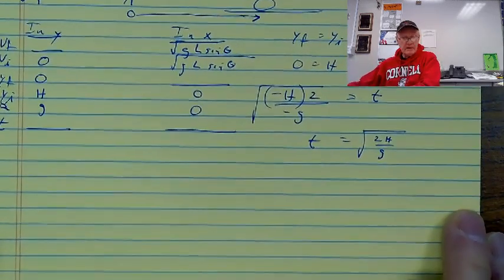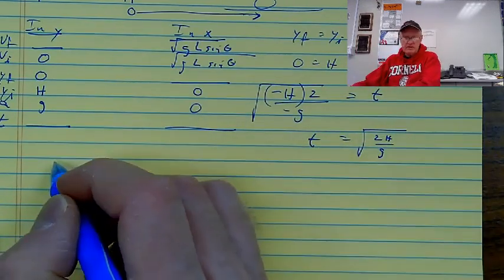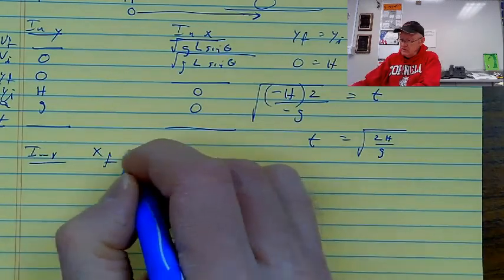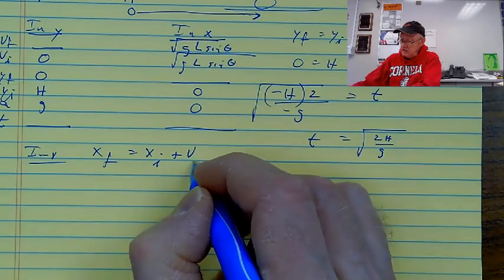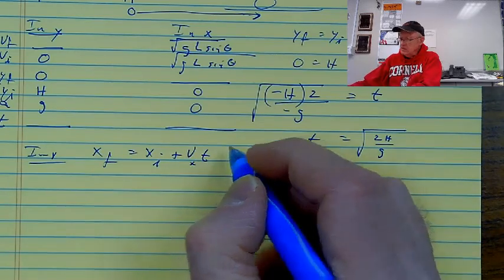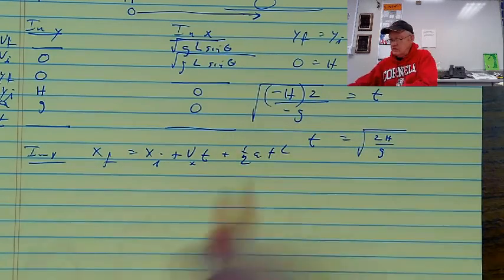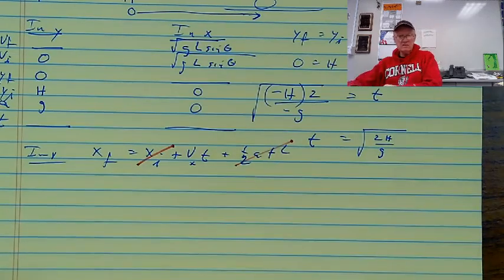So in x, how about x final equals x initial plus velocity in the x direction times time, plus 1/2 a t squared. We know there is no acceleration in the x, and it begins at 0. So that just comes down to x final equals velocity in the x direction times time.